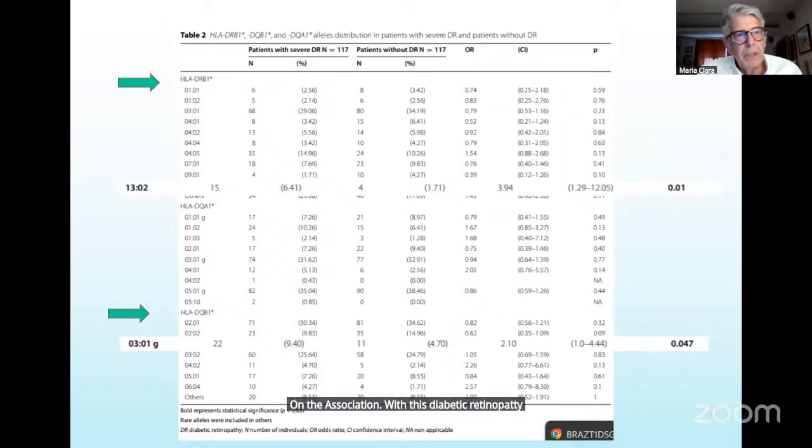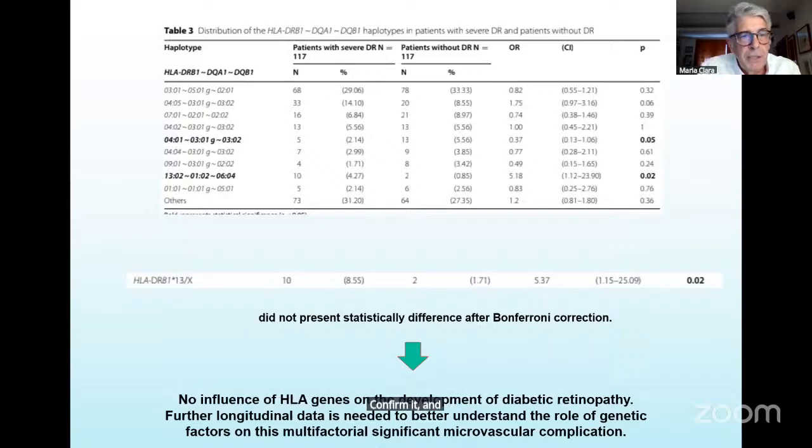We only studied class 2 alleles, so 1302 and 0301 had a very high odds ratio, but again, with the number that we have studied, after Bonferroni correction, we are not able to set this significance to a level that was confirmed and to generalize it.